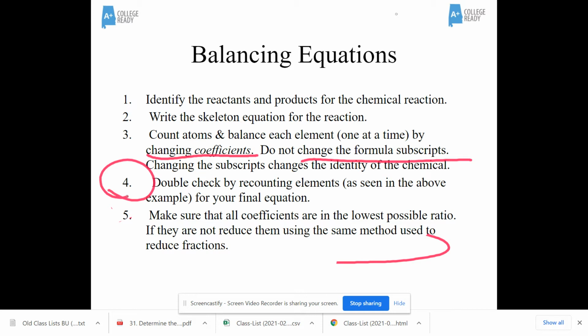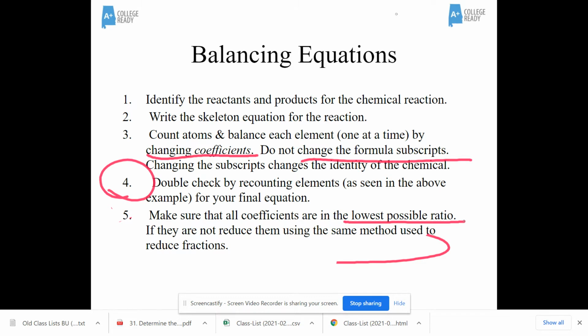We also want to make sure that our coefficients are in the lowest possible ratio. So you've got to simplify everything down, just like you do in math. If you have 2/4 in math, we simplify that to 1/2. Same thing here. If I have coefficients of 2, 4, and 2, I've got to simplify it down to 1, 2, 1.